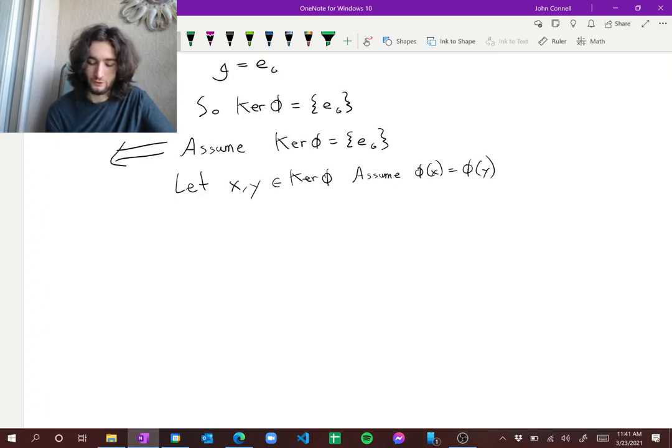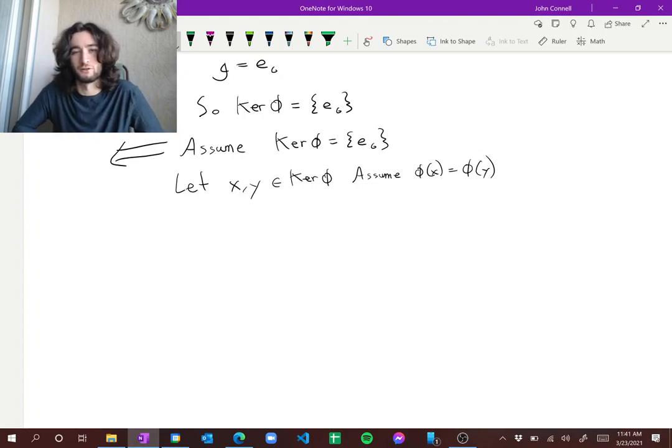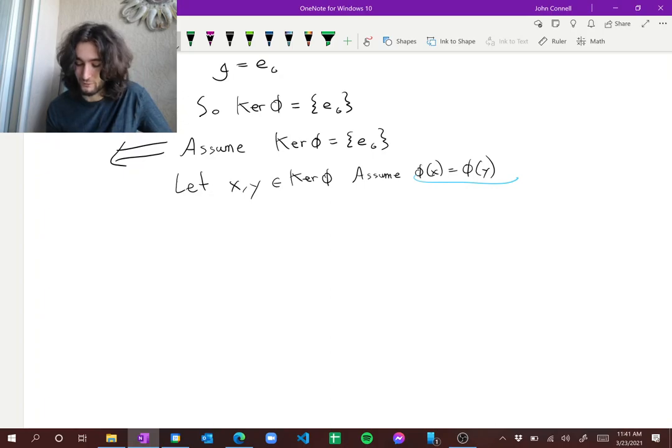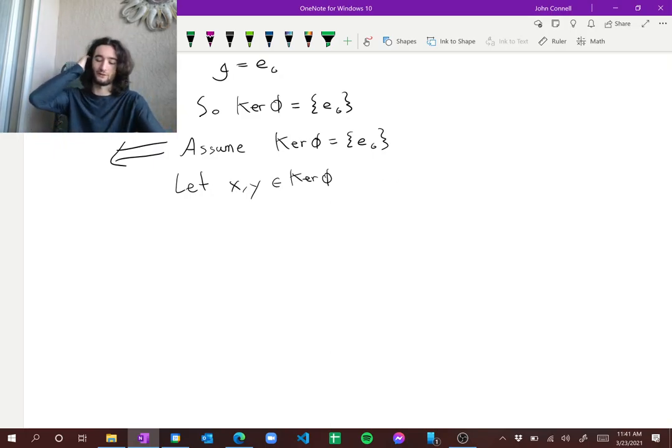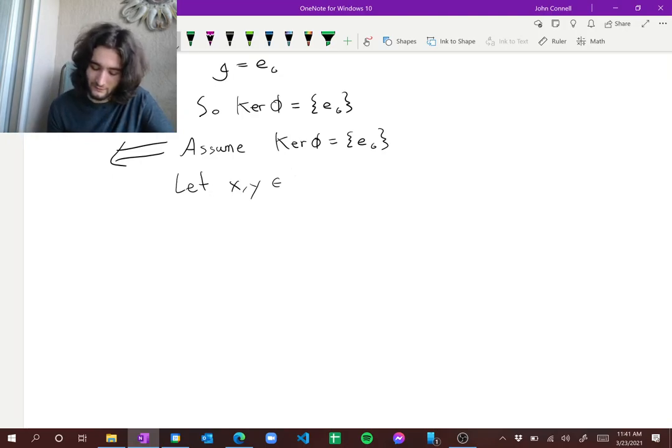If you start here, you'd only be talking about phi being injective on the kernel, not on all of G. And of course we know they're equal on the kernel because they all get sent to the identity. That's not what we're trying to get at. We're trying to get phi being injective on the entire set G. So we can't just say that. We'll say let these be things anywhere in G such that they have the same image after the homomorphism.